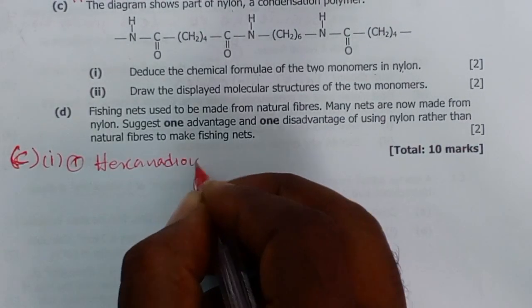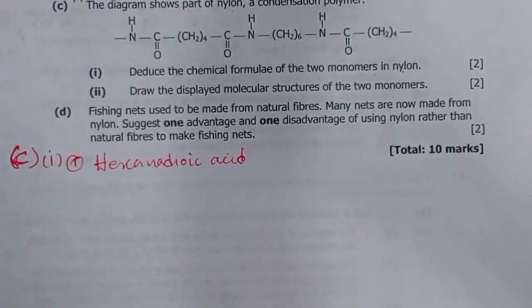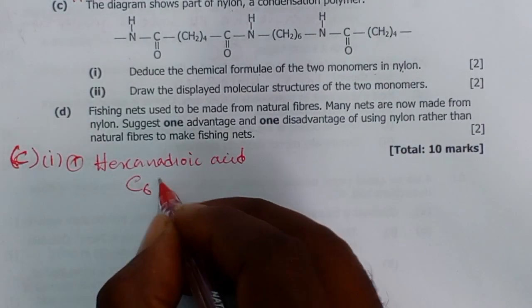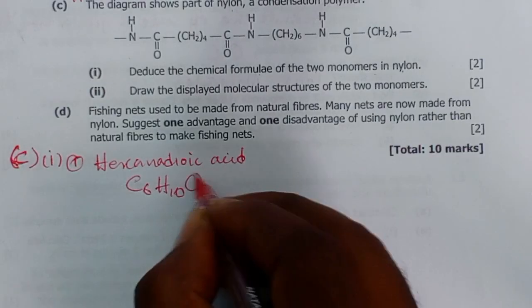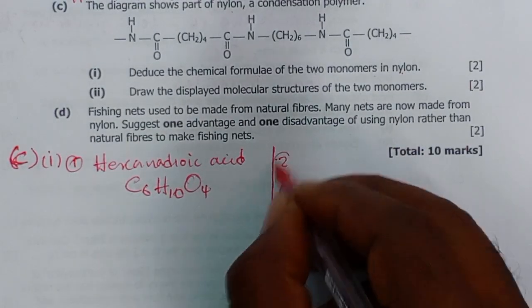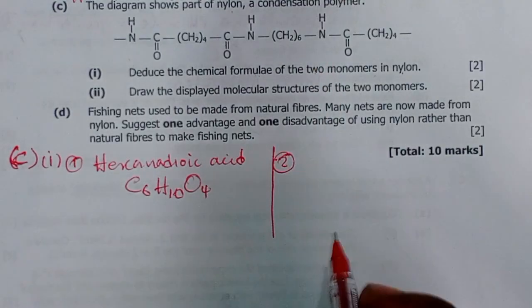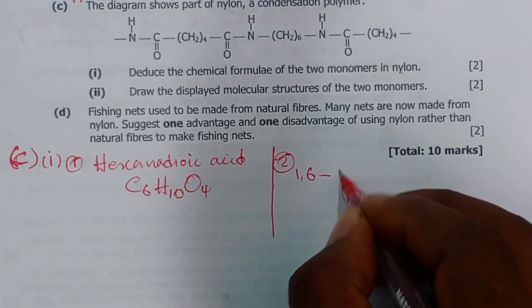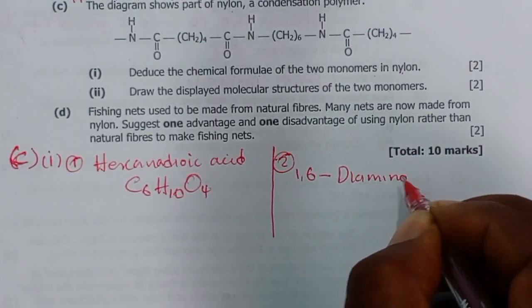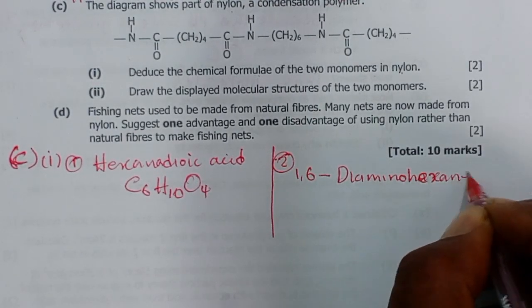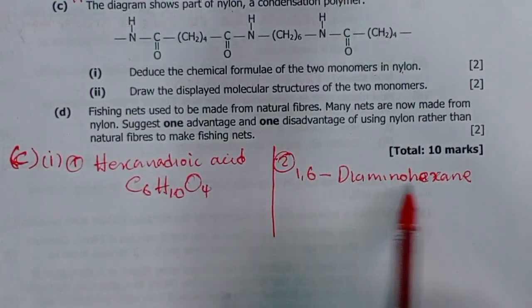The first monomer of nylon is hexanedioic acid. Its chemical formula is C6H10O4. The second monomer of nylon is 1,6-diaminohexane.